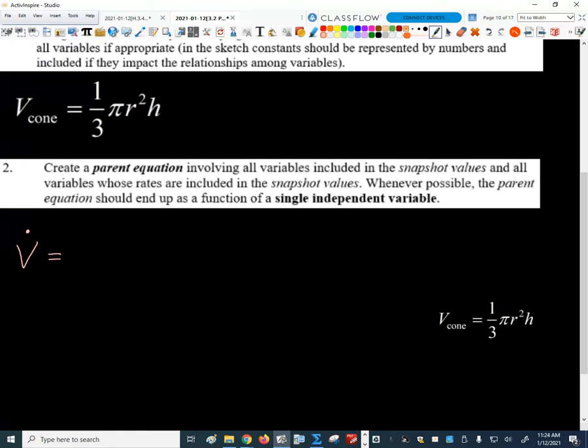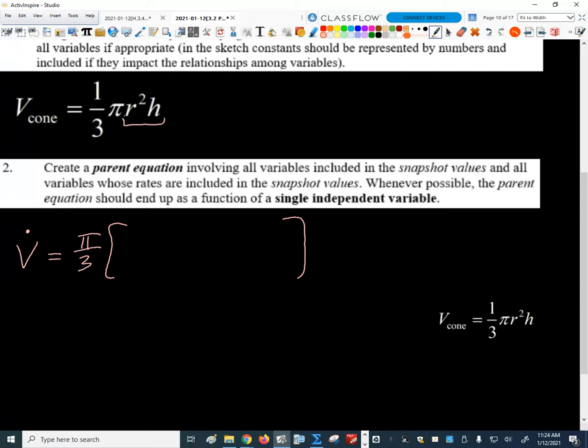So I've got this 1/3. That's a tough one, isn't it, though? What makes that a tough one, Lily? Is it because of the pi? No, pi is just a constant. If I wanted to, I could even call that 1/3 pi a pi over 3 and pull that out front and only differentiate that stuff, right?